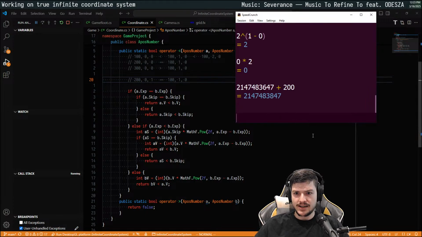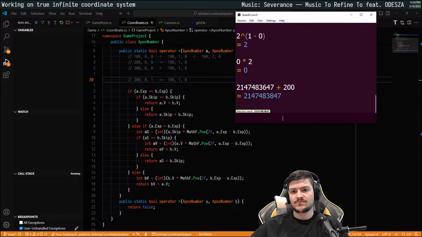Like the number I end up with is this, which is way bigger than 100. But I don't want to resolve this number if possible. But does it mean it's impossible?